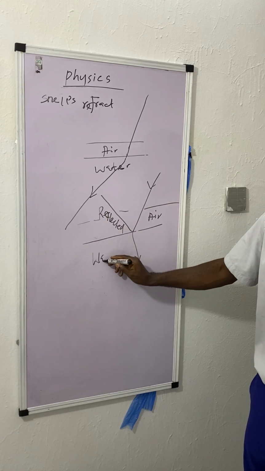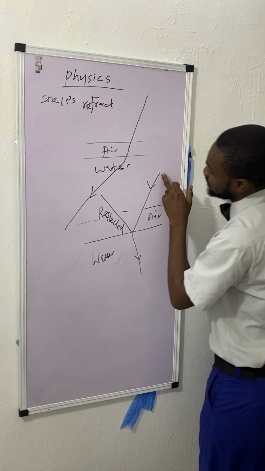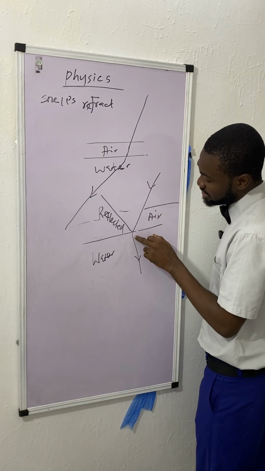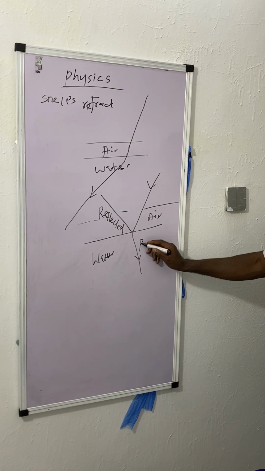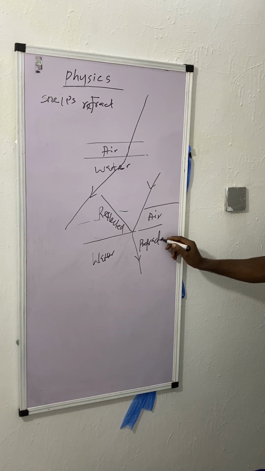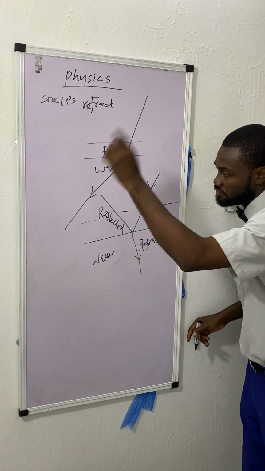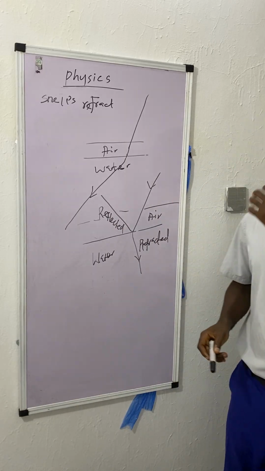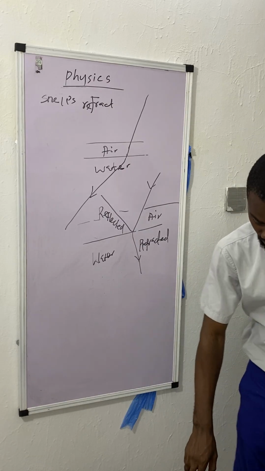Then from here is water. I'm describing Snell's law to you now. So when the light comes from the air, immediately it enters the water, it starts bending, which is refraction. Okay, refracted ray of light. So when it refracts, it bends and it comes out of the water. That is Snell's law for you.